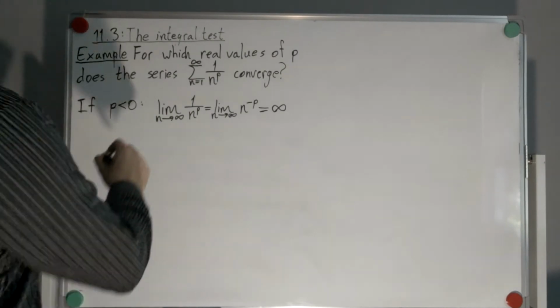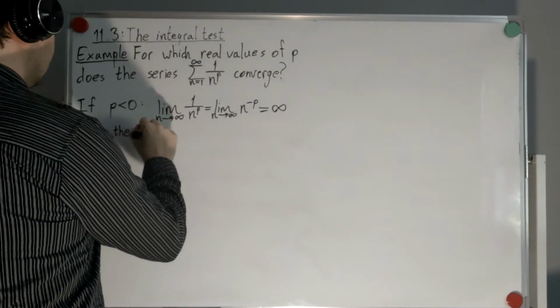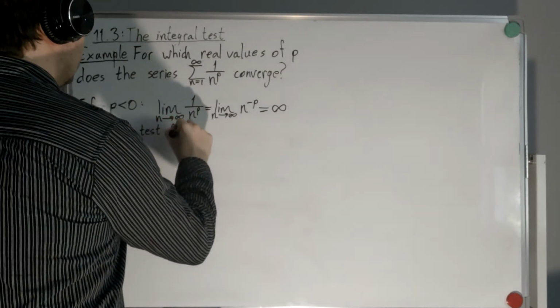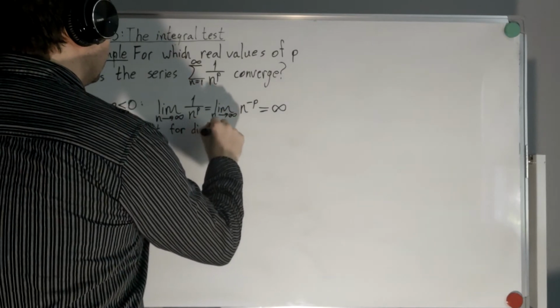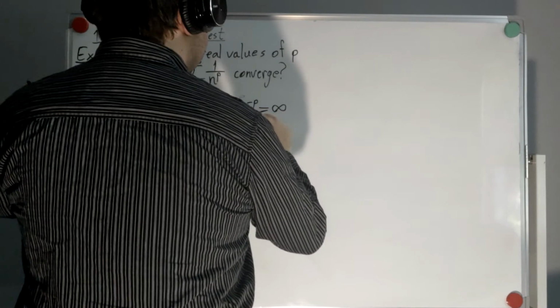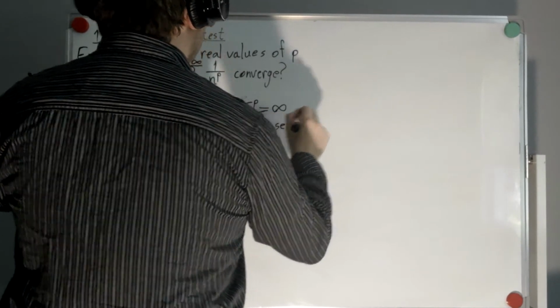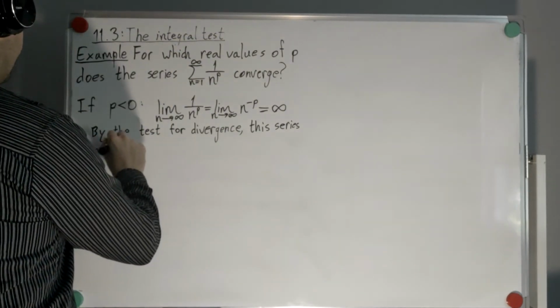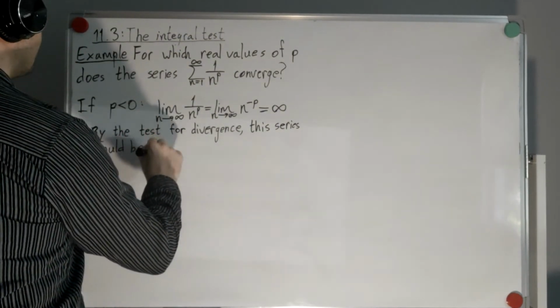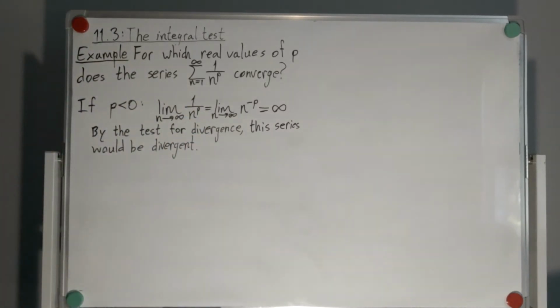So by the test for divergence, this series would be divergent. That's just the case where p is negative. So if p is negative, it's divergent. End of story.